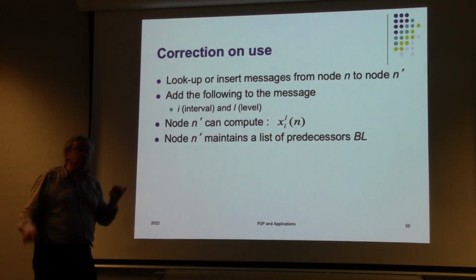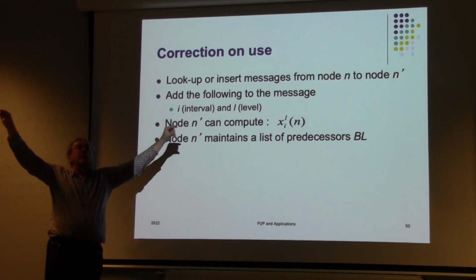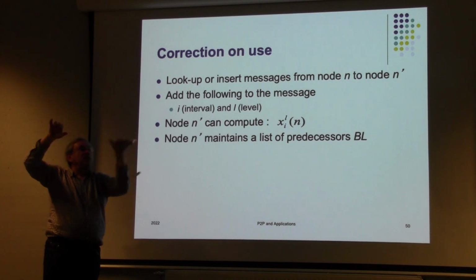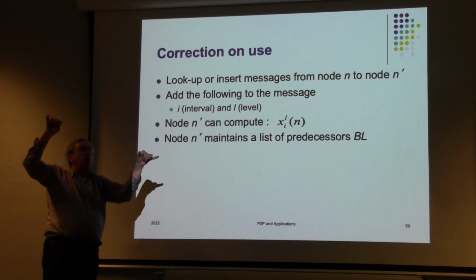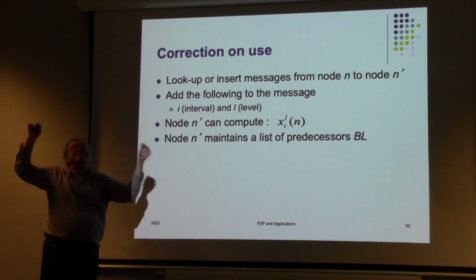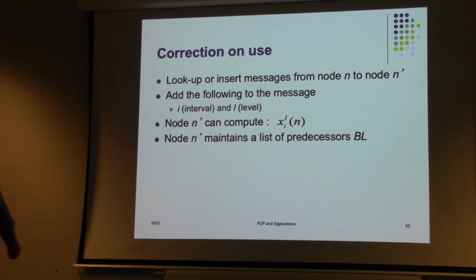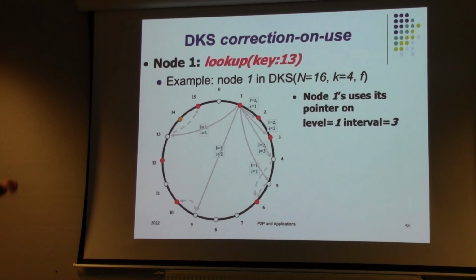That's one that you can actually compute because it's based on the structure of the tree. Each interval has a responsible node, which is basically the first node in there that exists. Okay, so you can compute that one. Let me show an example of how it works.